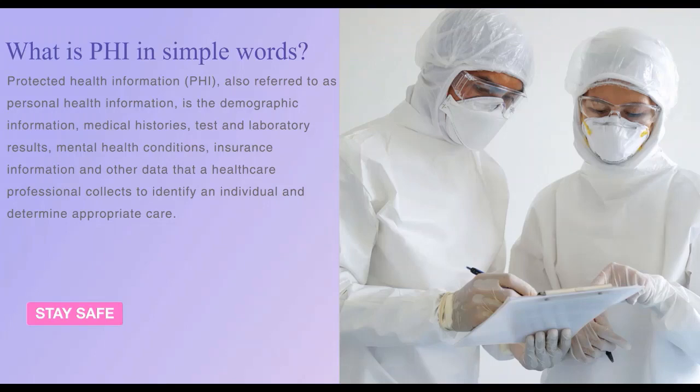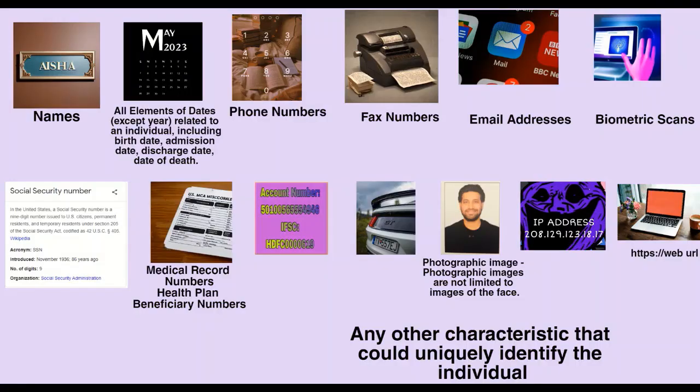By identifying certain pieces of information about a person as protected health information or PHI, also known as personal health information. HIPAA specifically lists 18 types of information that are unique to an individual as PHI. I'm displaying some examples on the screen now, like names, phone numbers, fax numbers, email addresses, and biometric scans.